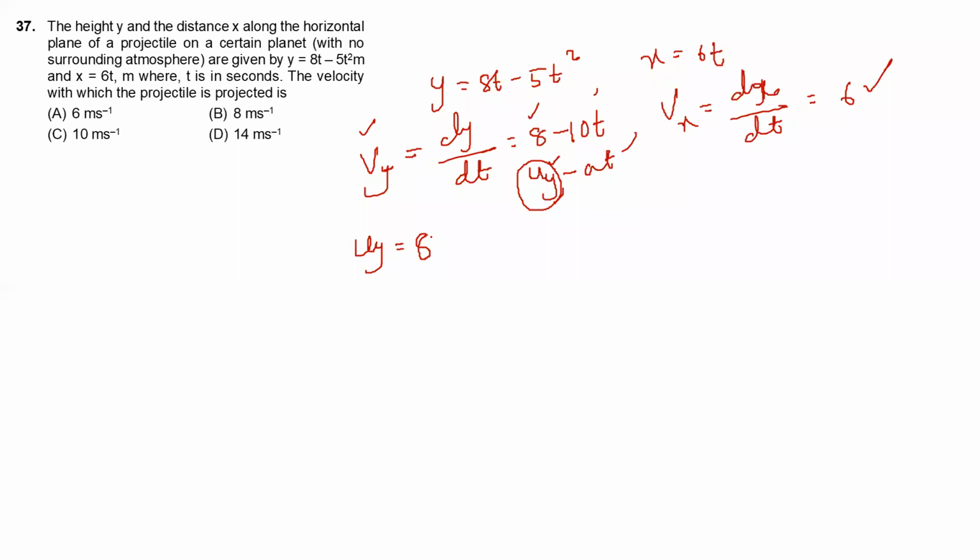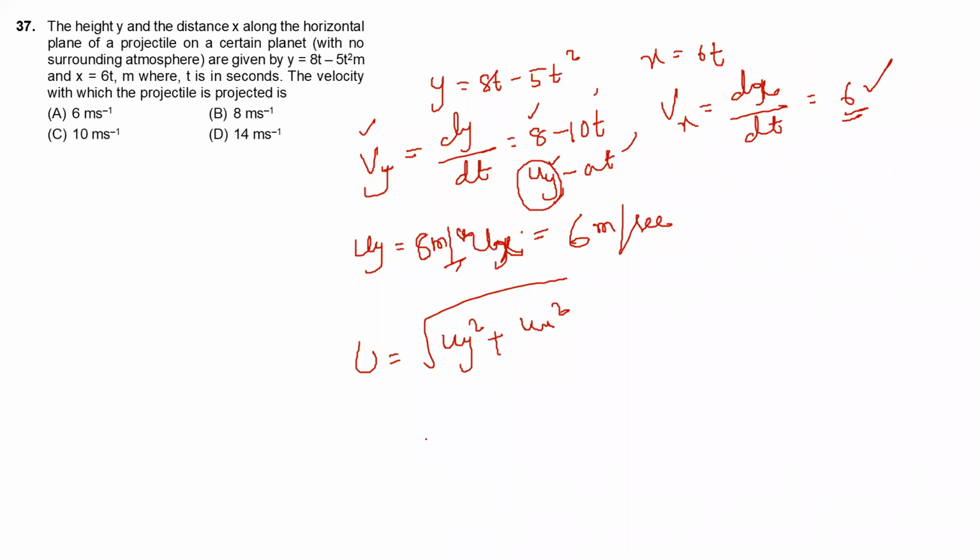This is uy. Then what is ux, which always remains constant? That is 6. That is 6 meter per second, and this is 8 meter per second. So the net initial velocity will be the square root of uy square plus ux square, that is the square root of 8 square plus 6 square. That is 10 meter per second.